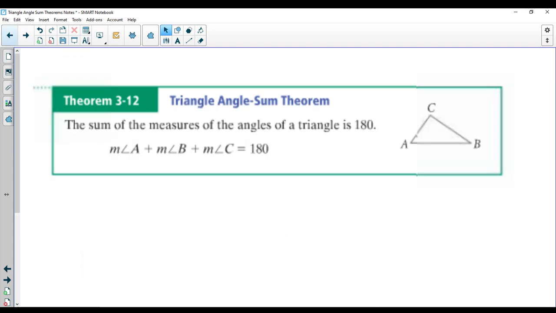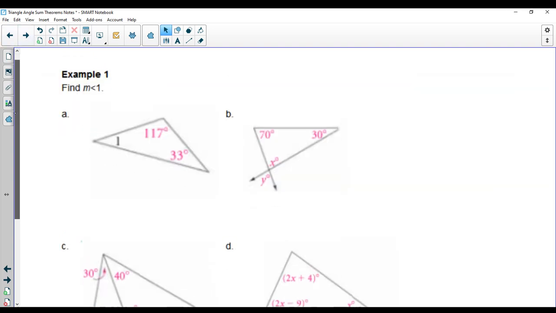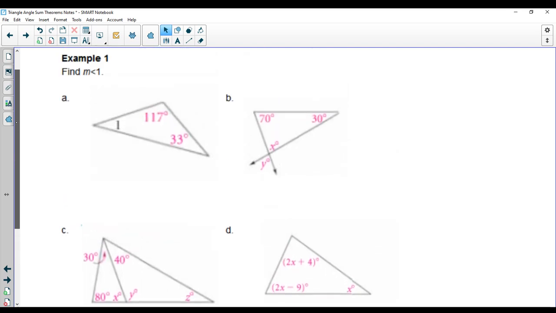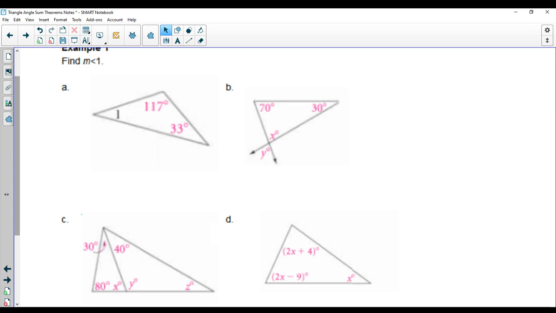All right, so we're going to use this theorem on a couple of examples. The first two start a little easy, and then the last two get a little bit more challenging, but that's okay. So on this first one, we have one angle marked angle 1, and the other two are marked 117 and 33. So we want to find out what this angle 1 is. Well, we're going to straight use the theorem. Measure of angle 1 plus 33 plus 117 equals 180.